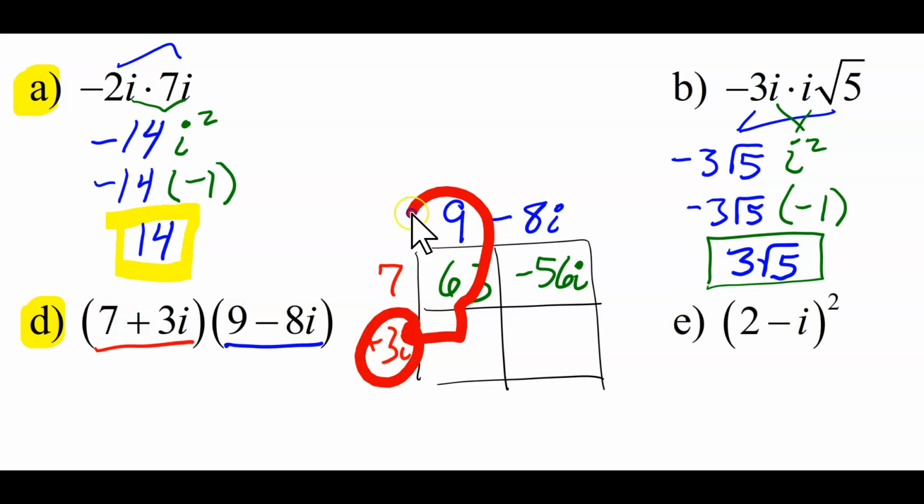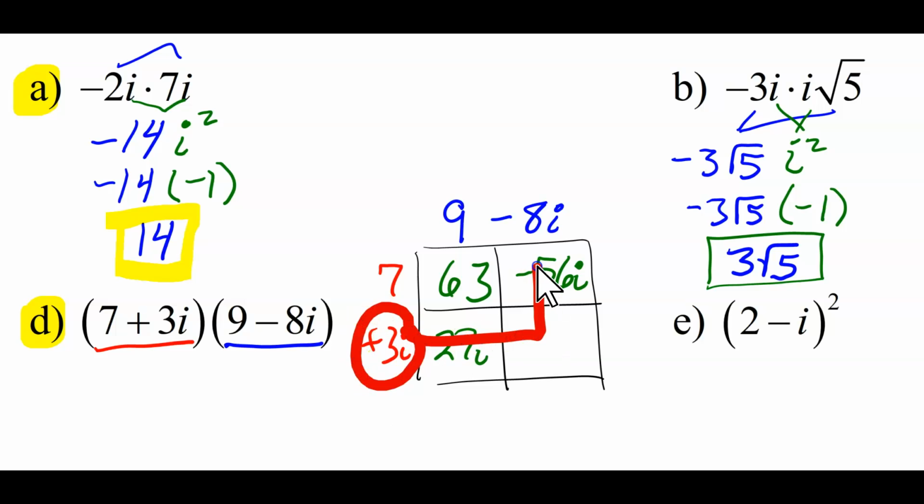3i times 9 for my bottom left box, 27i. 3i times -8i for my bottom right box, negative 24i squared.